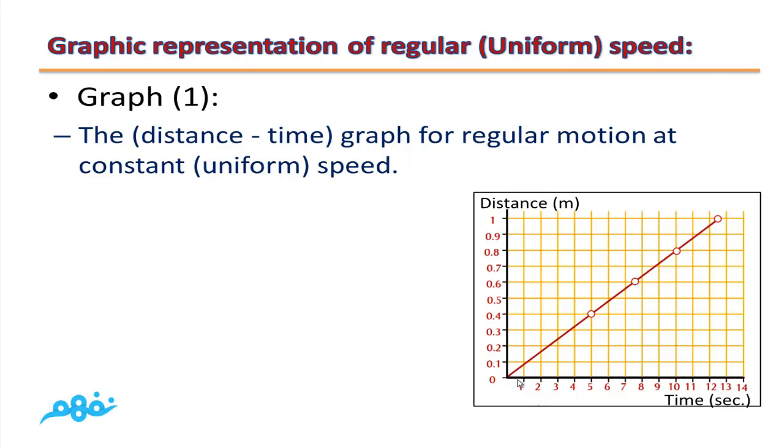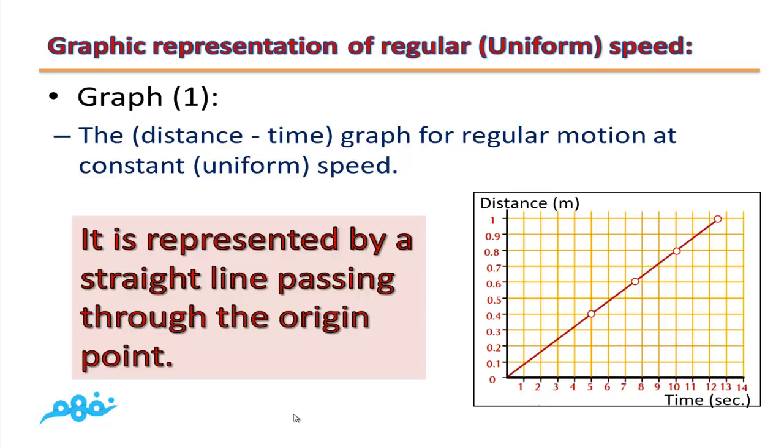Also, by increasing the time, the distance also increases by equal values. So to describe this graph, we can say that it is represented by a straight line passing through the point of origin. And it is represented by a straight line because the object is moving with constant or uniform speed.